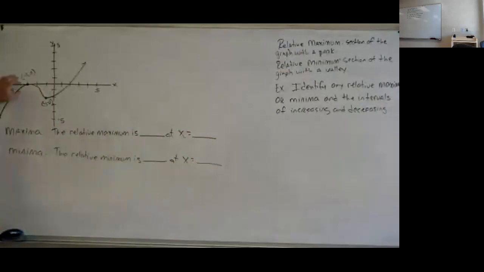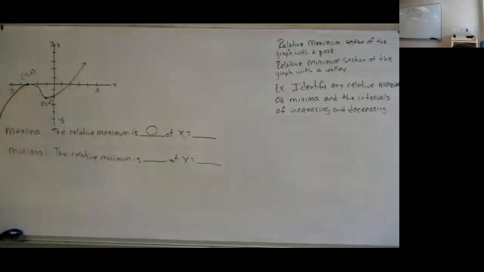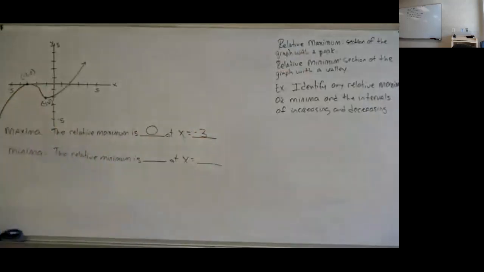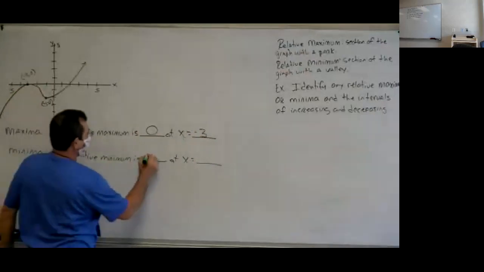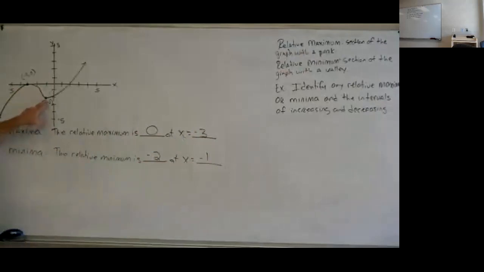So I've got a maximum sitting right here. What is the maximum value? That would be 0 at x equals -3. I've got a relative minimum of blank at x equals blank. So what's my relative minimum? -2 at x equals -1. So we're just going for the x and y values off these 2 points, basically.